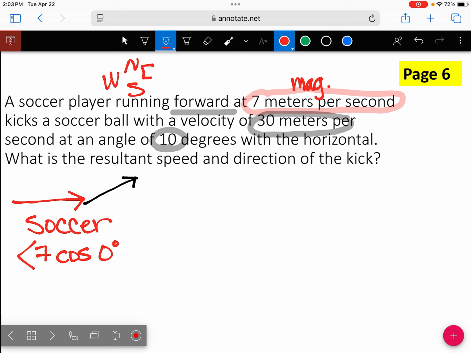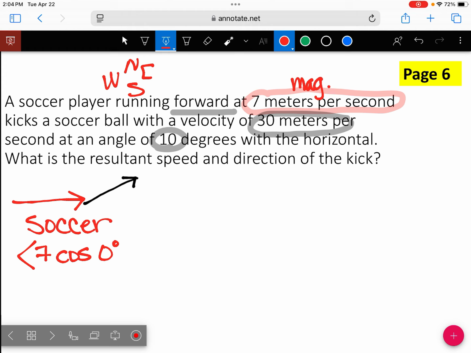Okay, so we got that, and then we have 7 sine 0.